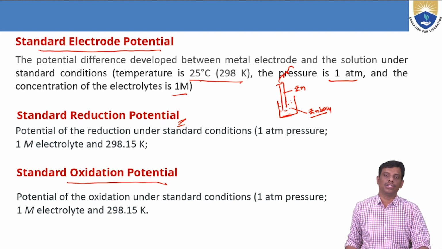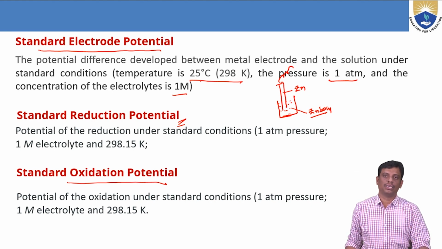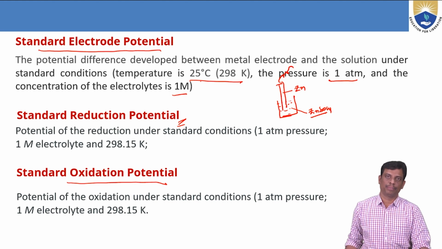So when we measure the potential at standard conditions, it is the standard electrode potential. If we measure the voltaic cell potential at standard conditions, that is the standard voltaic cell potential.